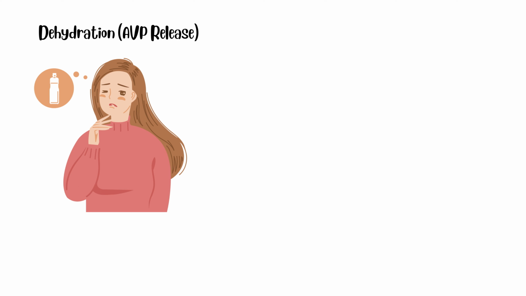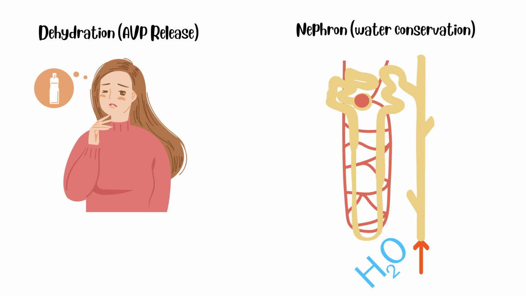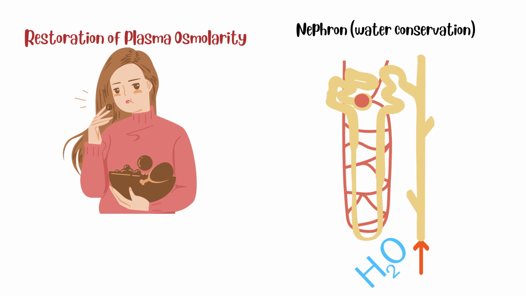In the setting of dehydration, AVP, also known as antidiuretic hormone, increases water conservation at the level of the renal collecting duct, a process that increases urine osmolarity and leads to the restoration of normal plasma osmolarity.